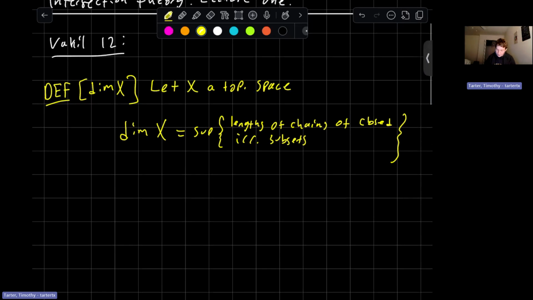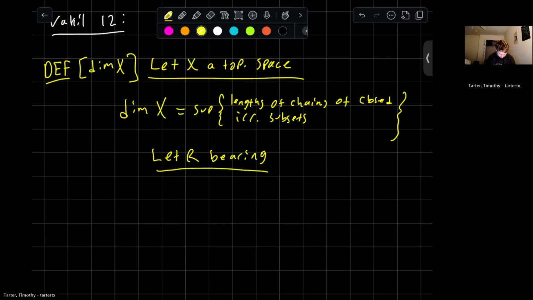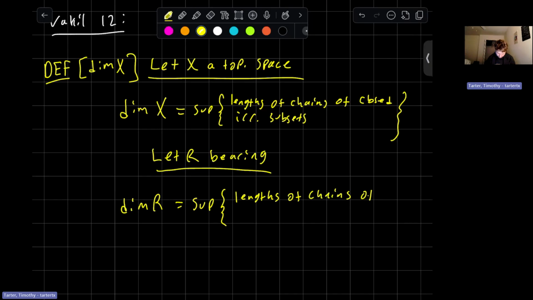And then the dimension of a ring: let R be a ring. Dim R is the supremum of the lengths of chains of nested prime ideals.